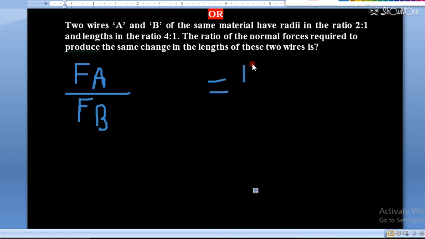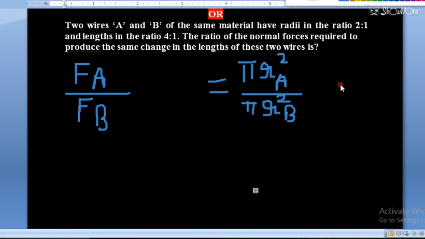We will write pi RA square by pi RB square. Pi and pi will also cancel out, so it will be pi RB square. Then delta L and delta L will also cancel out.